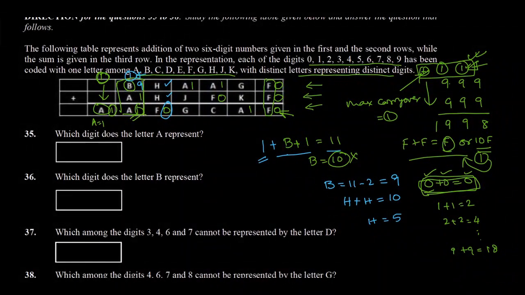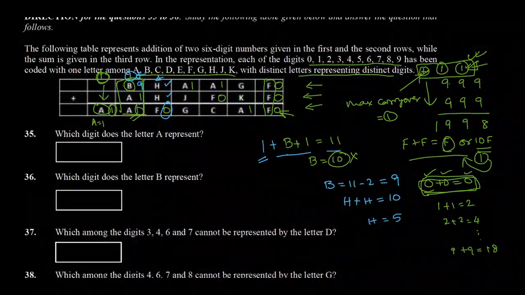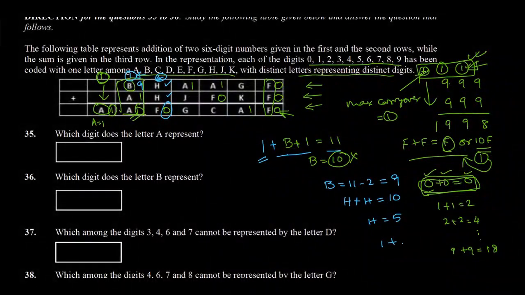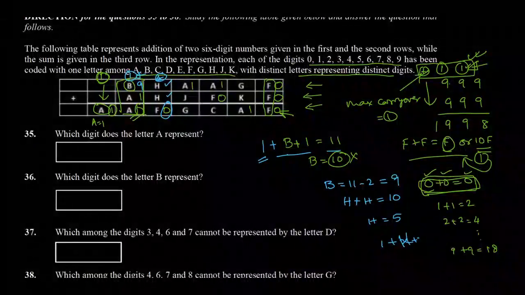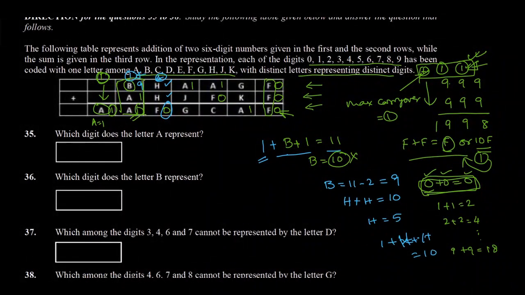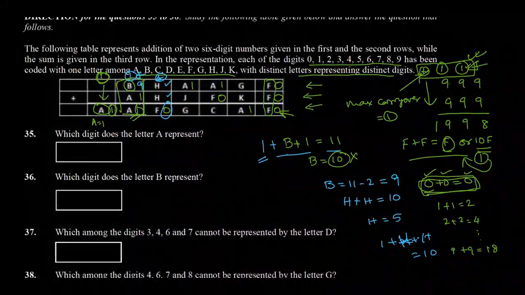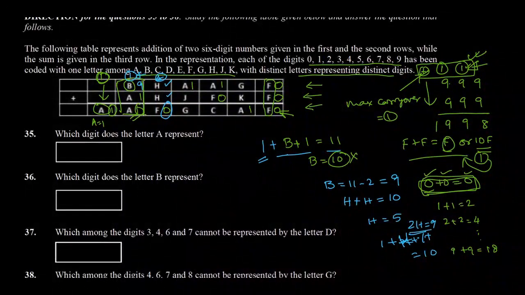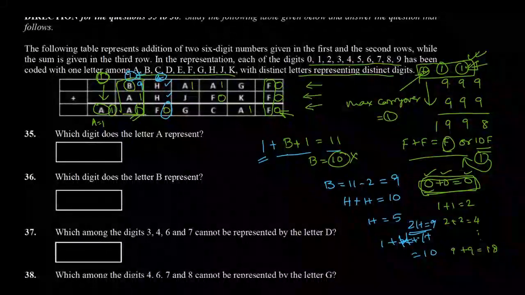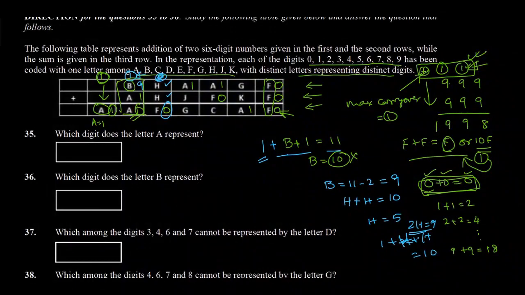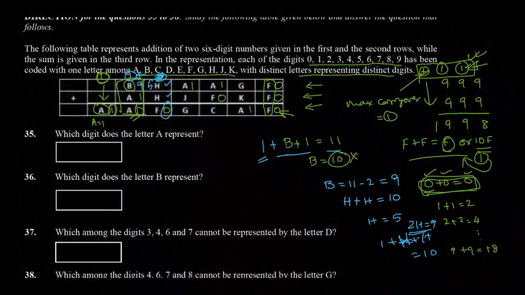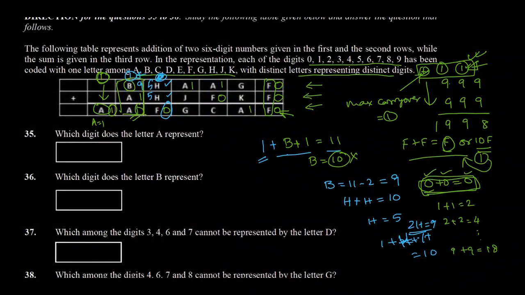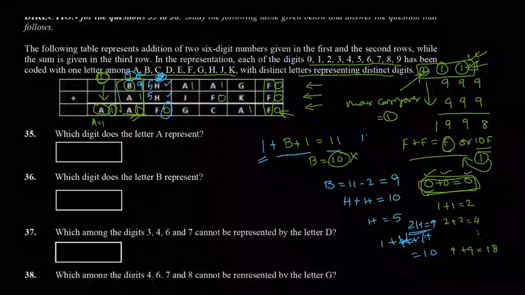Now notice that there cannot be any carryover here, because if the carryover is 1, then we cannot have two numbers H and H which give 10, because in that case 2H will be equal to 9, which will not yield any value for H. So therefore there is no carryover here, and we get the value of H equal to 5.